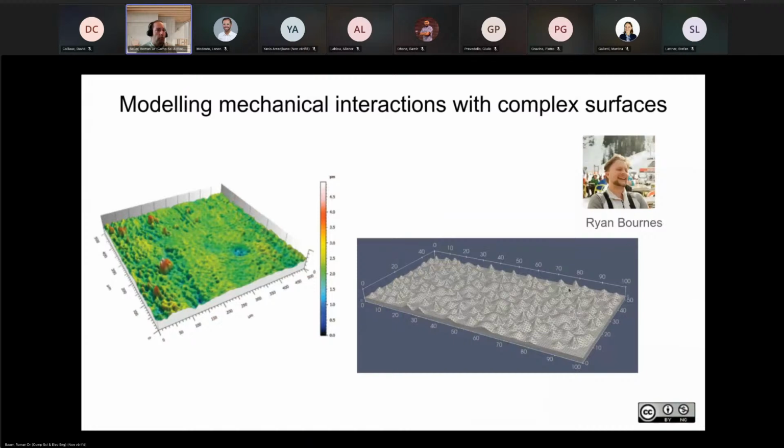My student Ryan Burns is looking into this, and he created a very nice way to import into BioDynamo meshes of substrates, very complex meshes that reflect, for example, PVC catheters.